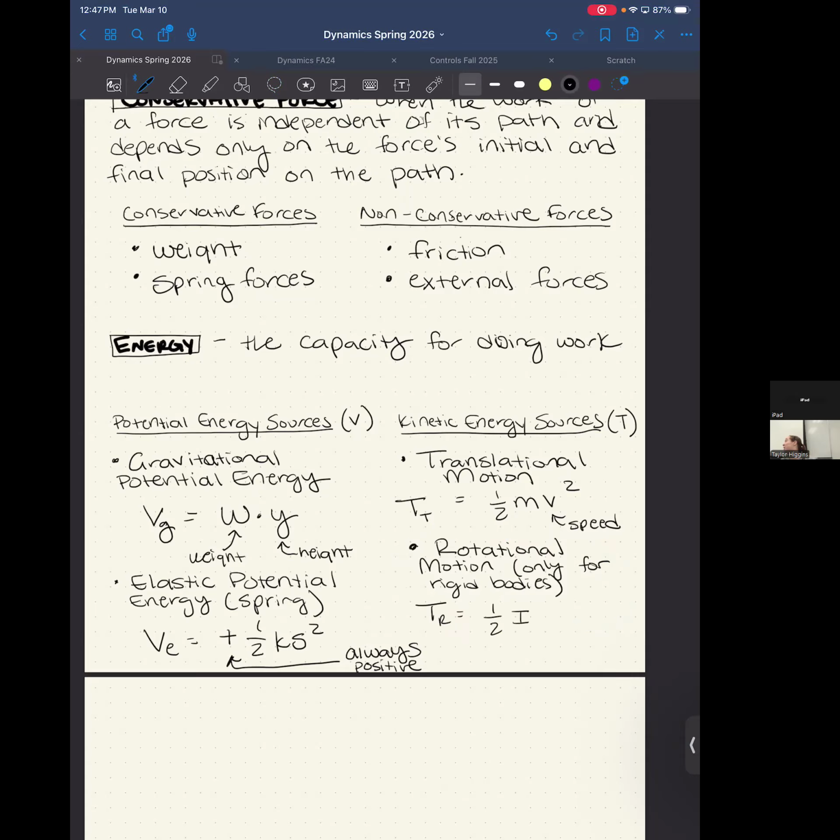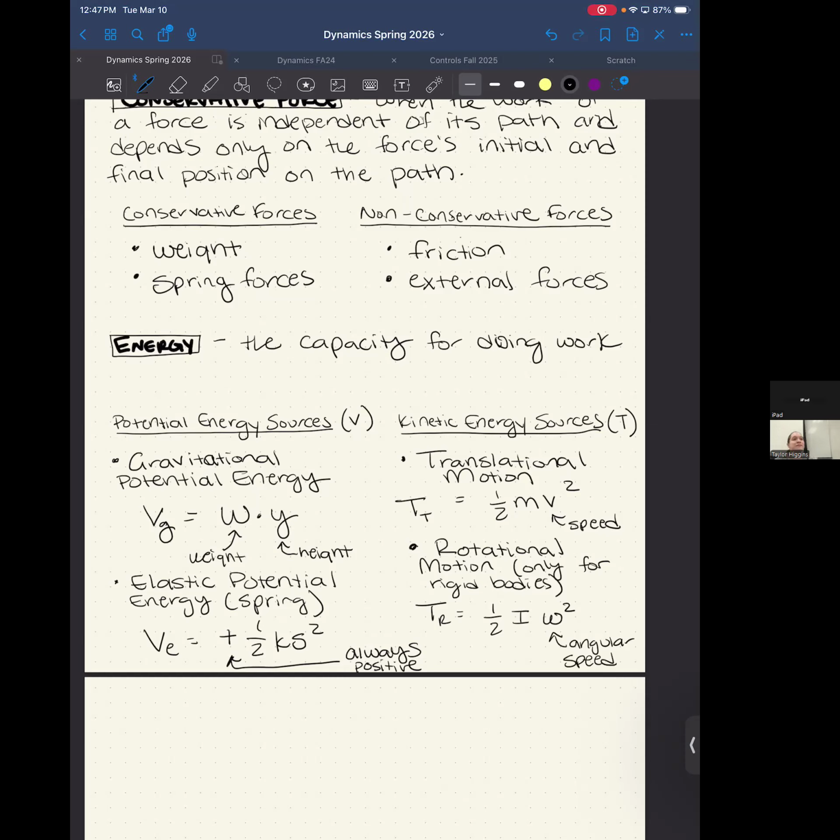If it's very parallel to translational, what should be the next term? Omega squared. Yep. So one is translational velocity, the other is rotational velocity. So this is angular speed.